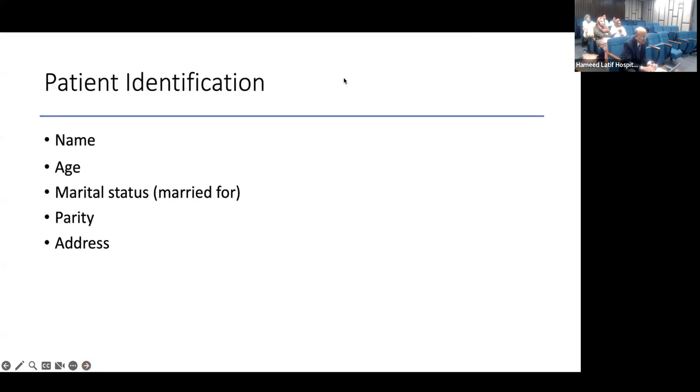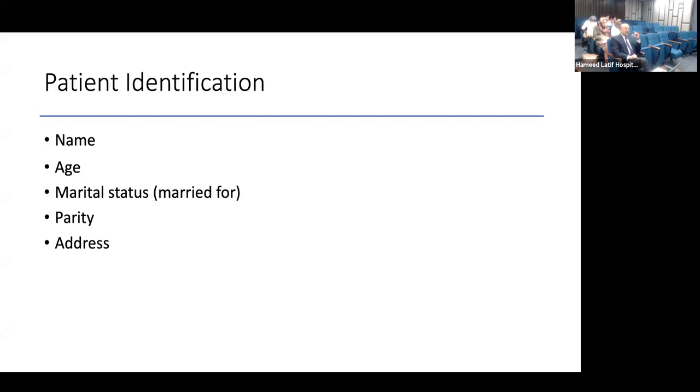Now, this is essential, which is called the patient identification, or previously it used to be called clerical details. When you have to name the patient these days, you don't sound out or write down the full name, for the sake of privacy, because the norms are now changing.